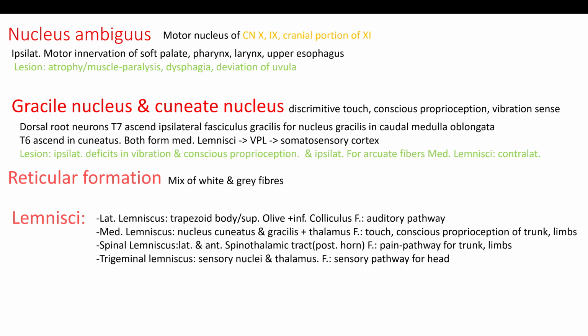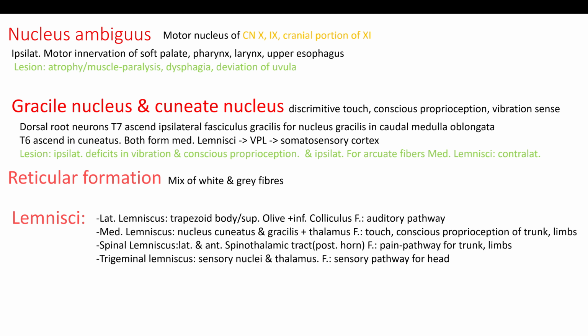Then there's also the nucleus gracilis and the nucleus cuneatus. You should view them as brothers, because they are connected with discriminative touch, conscious proprioception, and vibration sense from the leg, trunk, and arm. The central processes of the dorsal root neurons T7 and below ascend ipsilaterally in the fasciculus gracilis to reach the nucleus gracilis in the caudal medulla oblongata.